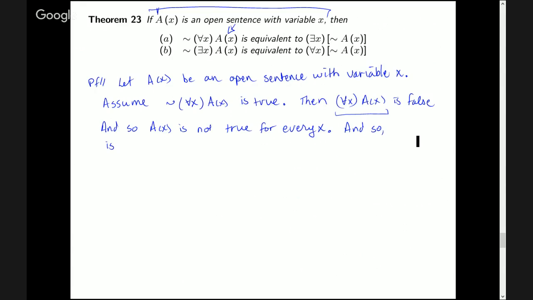I better write it in words first before I confuse you with the symbols. And so there is an x such that A of x is false.